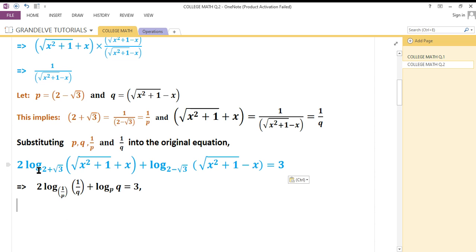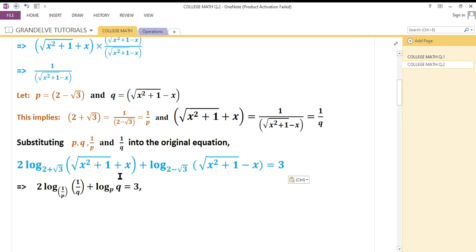We have 2 log of 2 plus square root of 3, and we are saying that 2 plus square root of 3 is 1 over p, and the square root of x squared plus 1 plus x to be 1 over q.